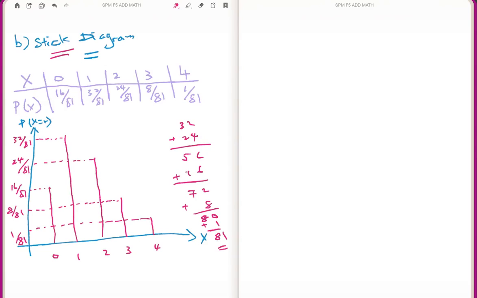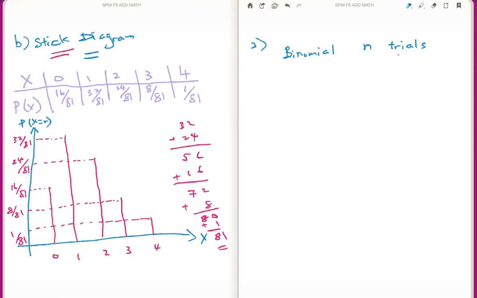Okay, then another way a question could be asked would be example 2. Well, they tell you a binomial distribution involving n trials.